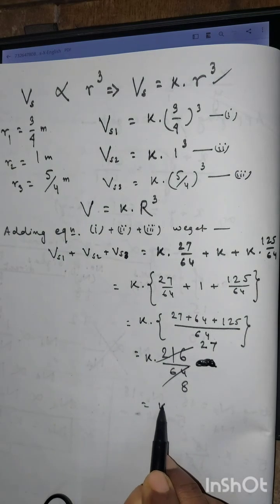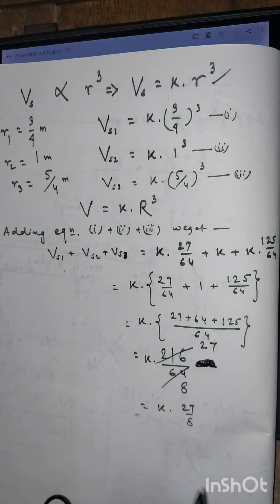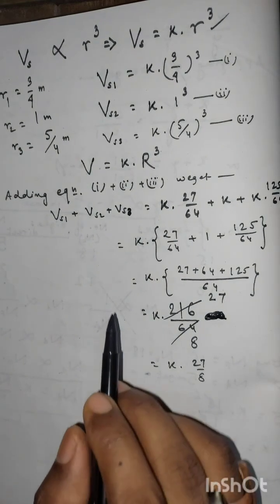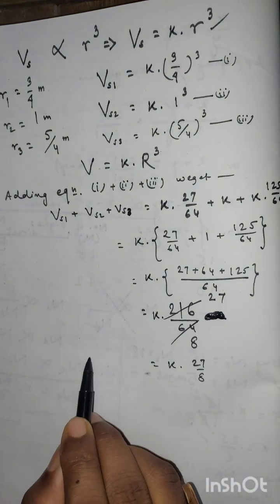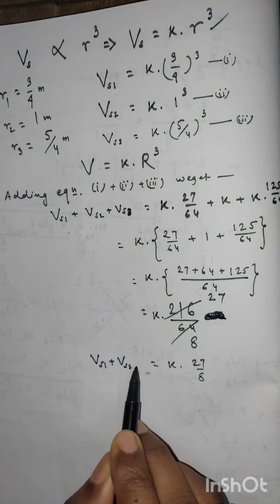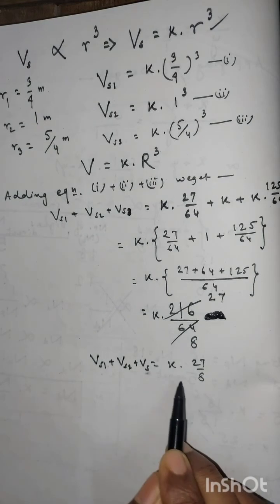So k into 27/8. So Vs1 plus Vs2 plus Vs3 equal to this.